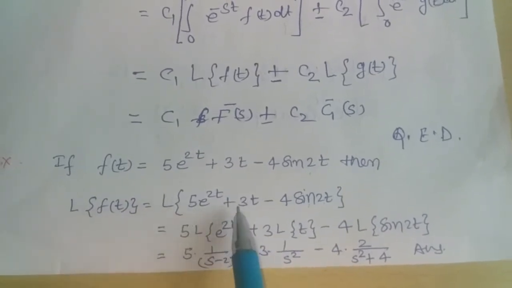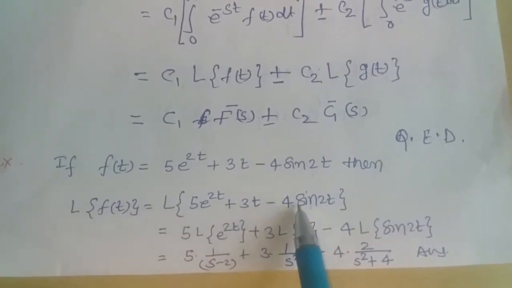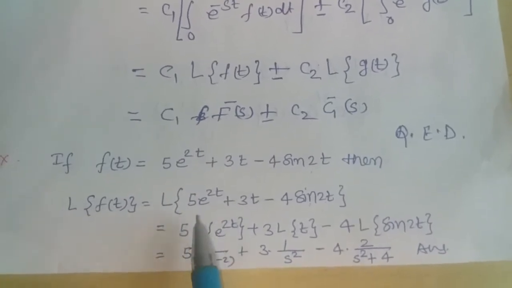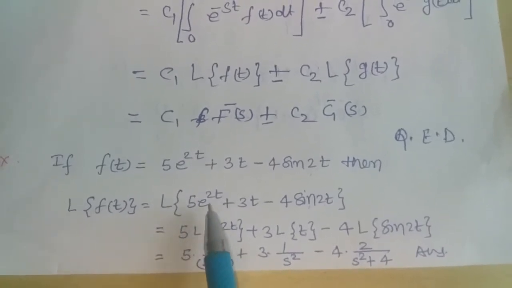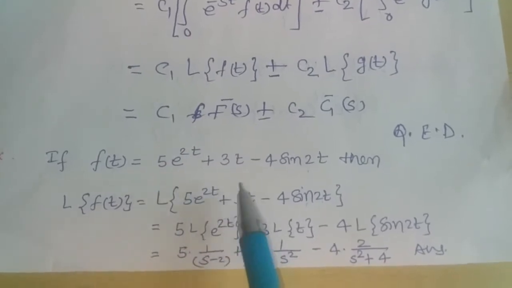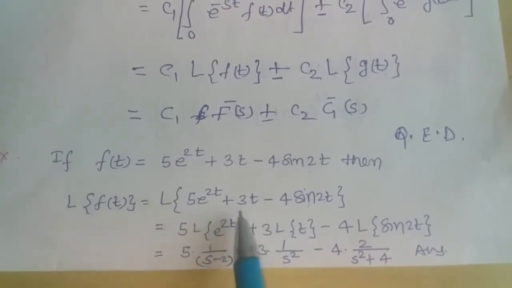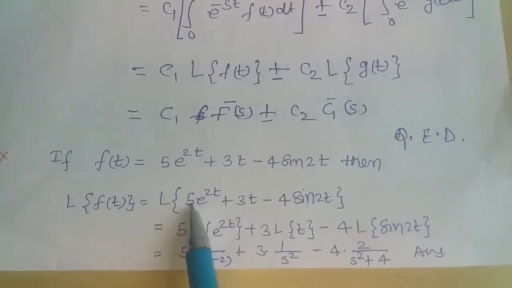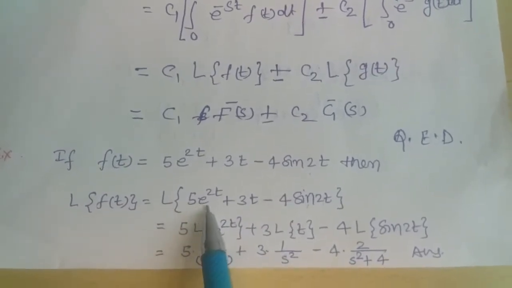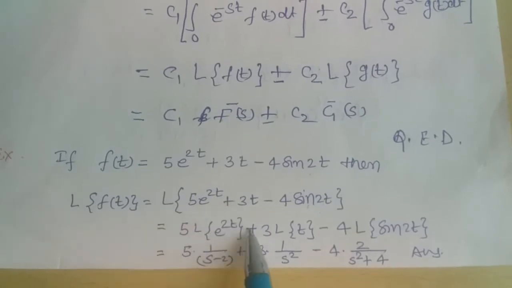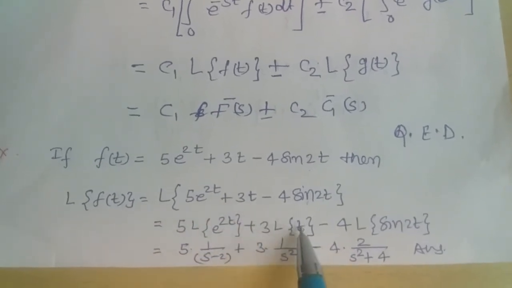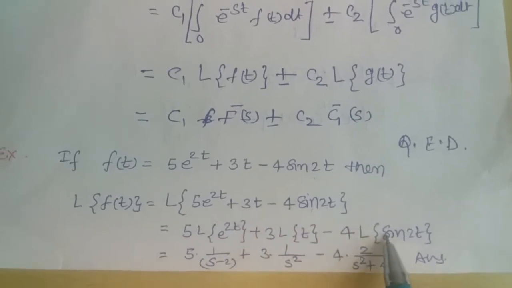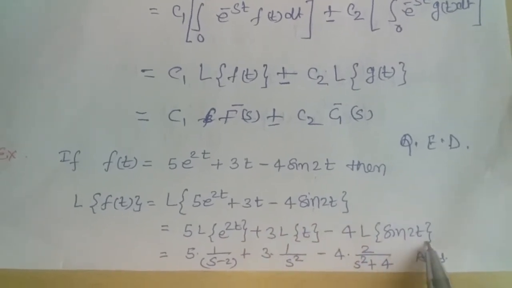So all constant multiples remain as they are, all the signs between the terms remain the same, and we calculate the Laplace transform of each individual function only. So this expression after applying the linear property gives 5 times the Laplace transform of e raised to 2t plus 3 times the Laplace transform of t minus 4 times the Laplace transform of sin 2t.